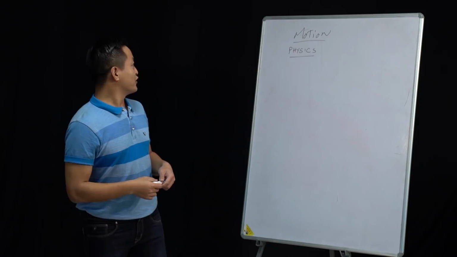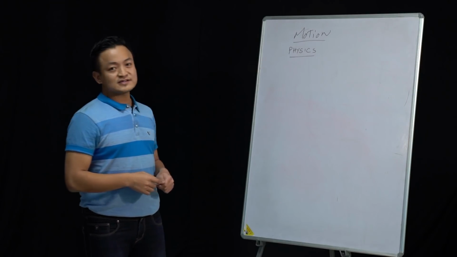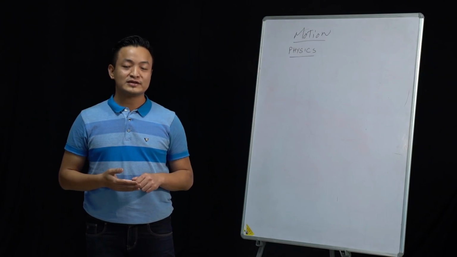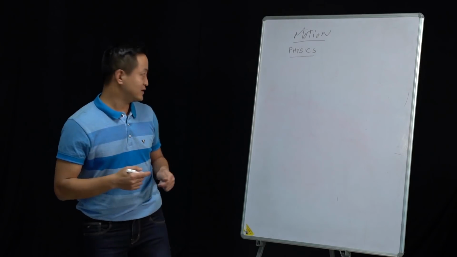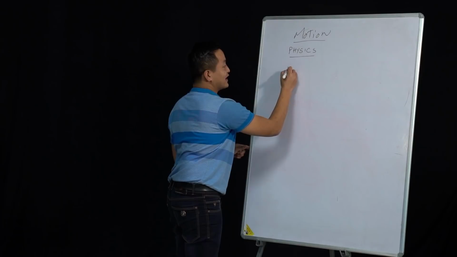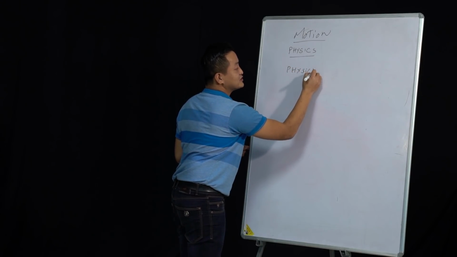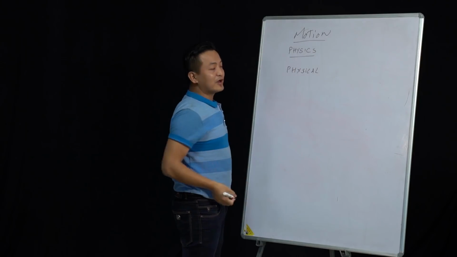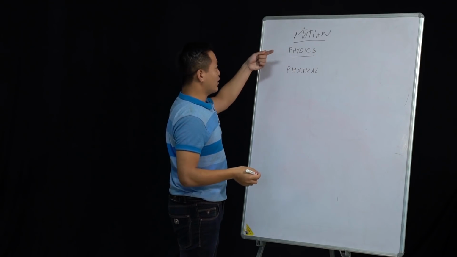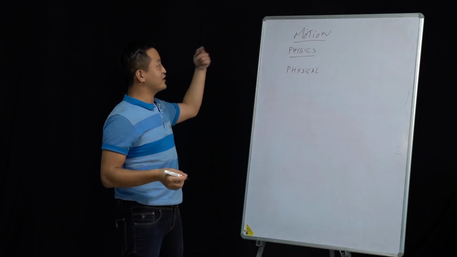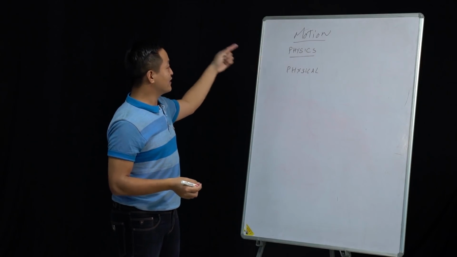Clear? Okay, so in physics, one important thing we study is the physical quantity. Physical quantity is very important. And you might be thinking that our chapter is motion, but why do we have to study everything like physical quantity? Why can't we straight jump to our motion chapter?